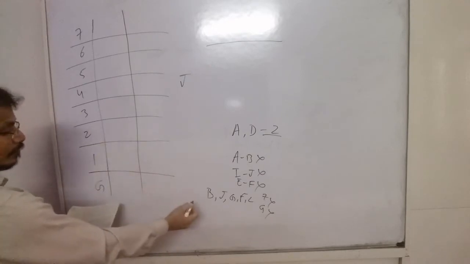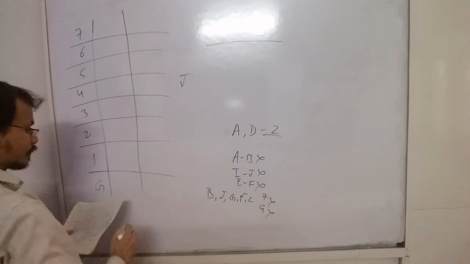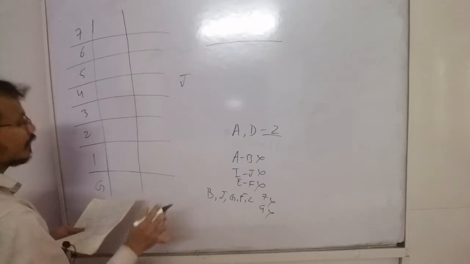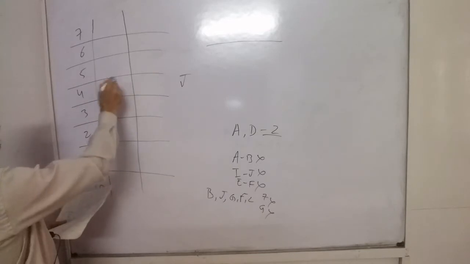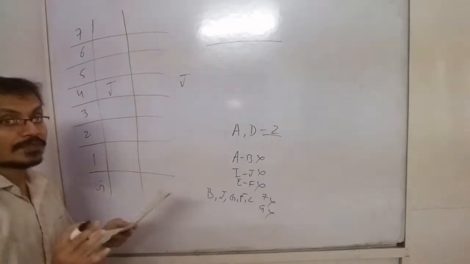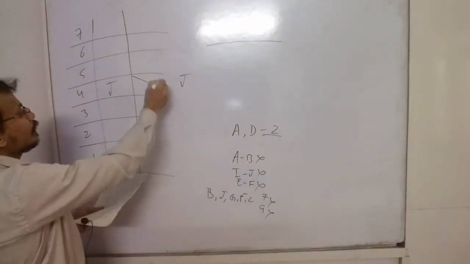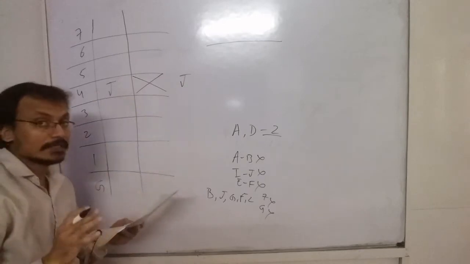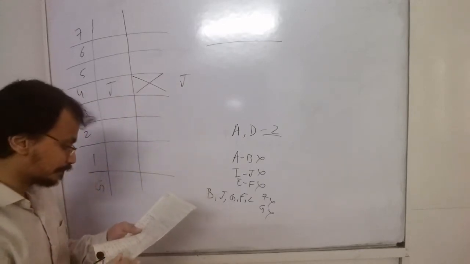So these families, B, J, G, F, L, will be occupying flats on this particular side. One thing is sure, J will be here, and he is the only owner at floor number 4. It means nobody occupies the other side on this floor. 2 flats are vacant, so 1 flat is this one.